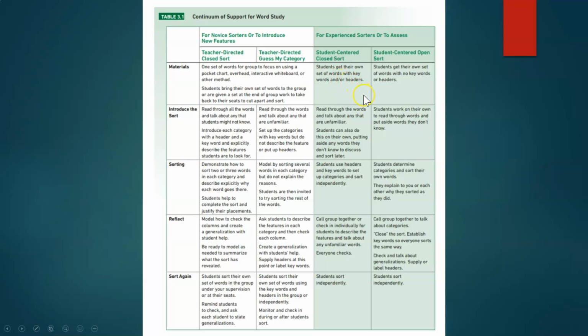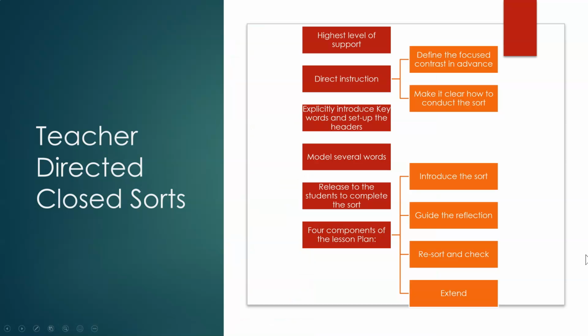So in a closed sort, they get their own set of words with keywords and or headers. In an open sort, they get their own set of words and there are no keywords or no headers. So you can see that there's some more structure to a closed sort than there is with an open sort, but it gives you a good idea of what that looks like.